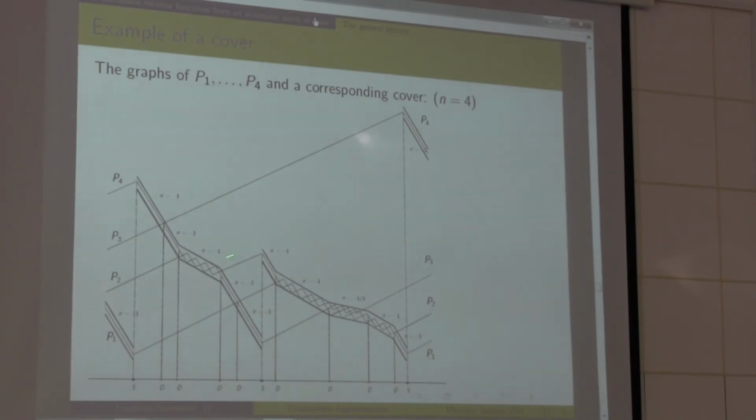The width of the strip is just the difference of the maximum. And finally, the error parameter epsilon that I addressed a minute ago is a parameter ruling the slope of the ascending parts.